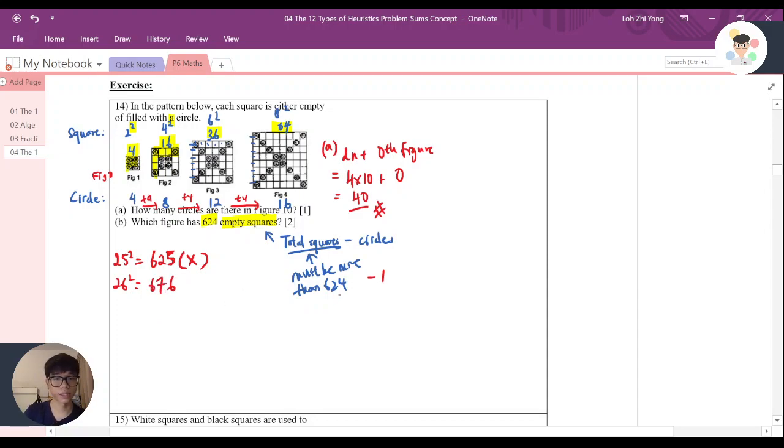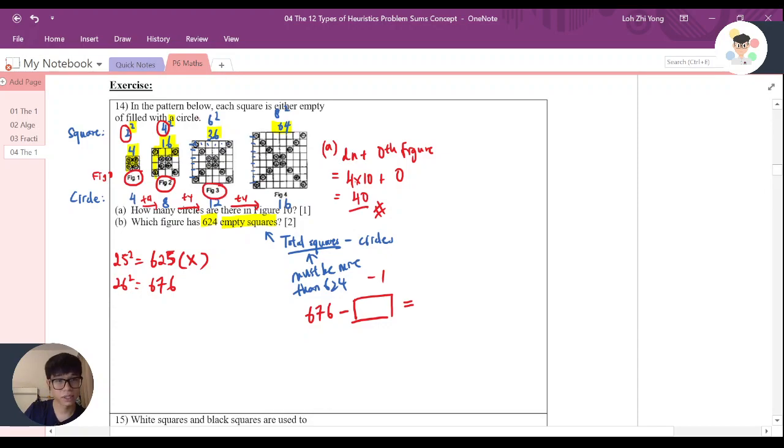Now, if it is 676, how many circles do I need to minus to get the 624? But we're not sure how many circles there are. So let's try to look at here. Again, there's another concept you need to know: when it is figure 1, it is 2 square. When it is figure 2, it is 4 square.